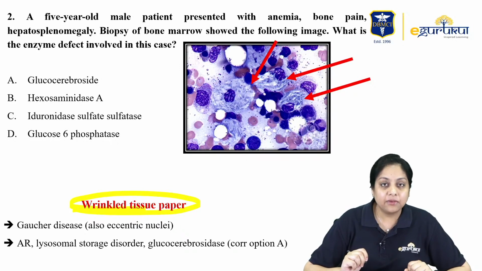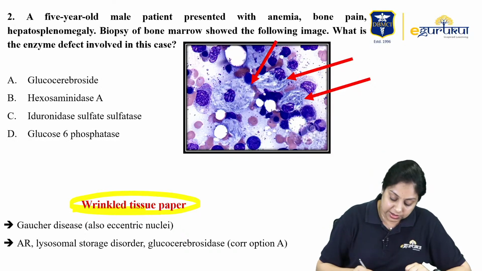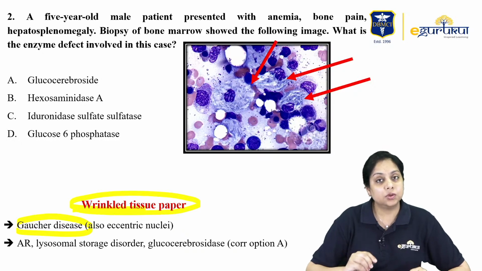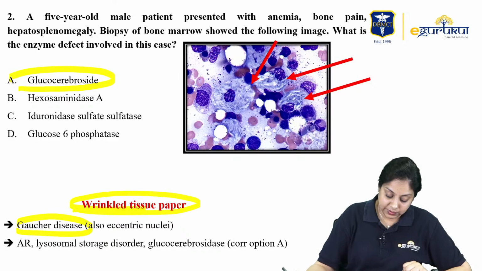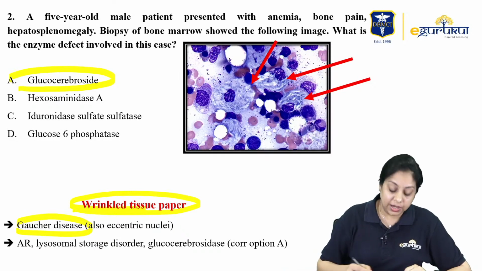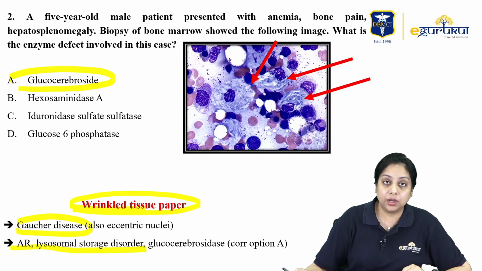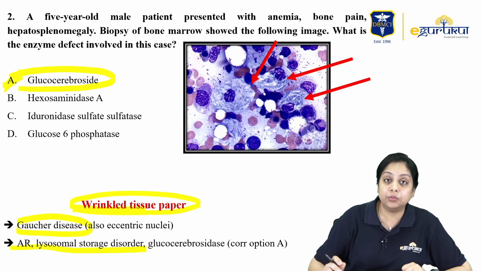And whenever you have the wrinkled tissue appearance, that is related to Gaucher disease, and Gau is glue. So the enzyme deficient is glucocerebrosidase, right? And this is autosomal recessive, and it is a lysosomal storage disorder, right? So the correct option for this is choice A, that is glucocerebrosidase.